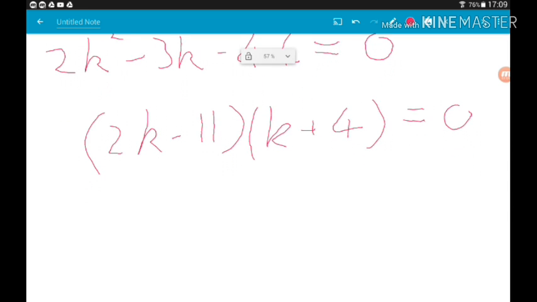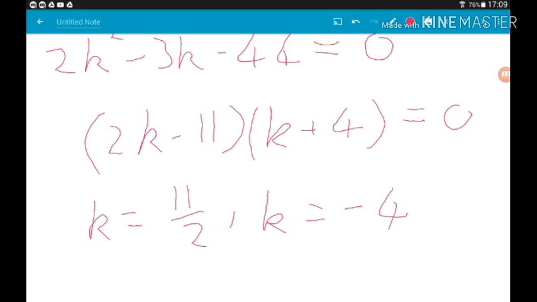So k is either, if we set 2k minus 11 equal to 0, 11 over 2, or k equals minus 4. So there are our two values of k.